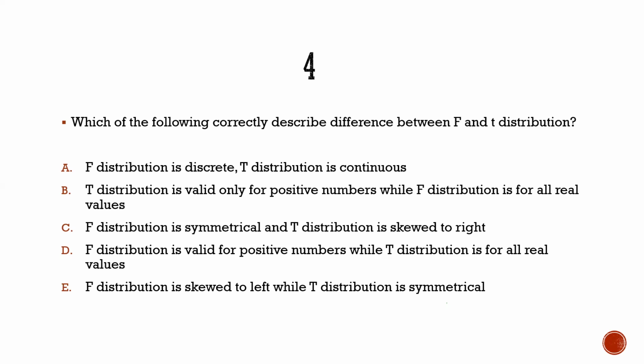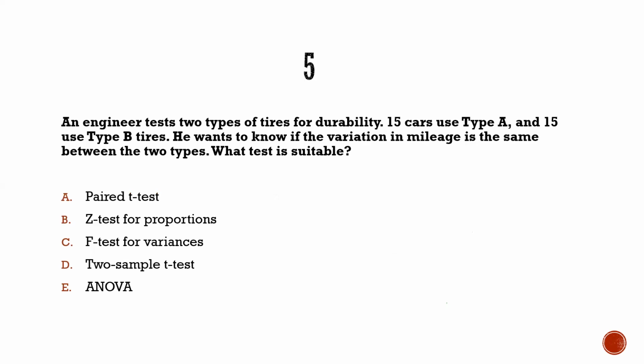E, F distribution is skewed to left while T distribution is symmetrical. The answer is D, as we have discussed that F distribution is only for positive numbers, and T distribution, which is for t-test, is for all real values.